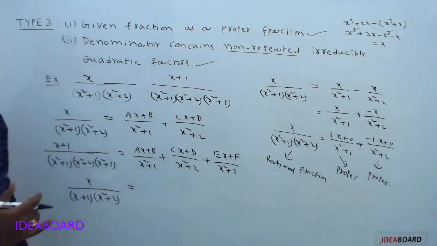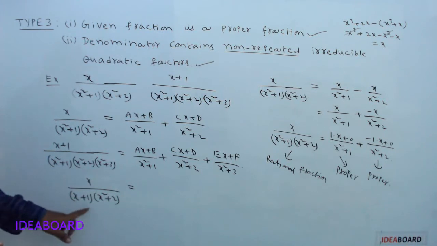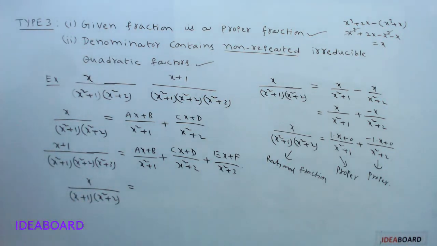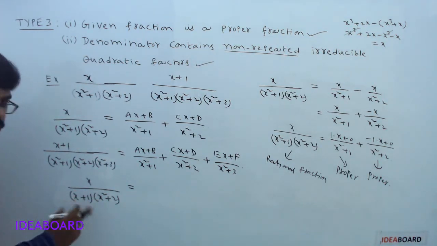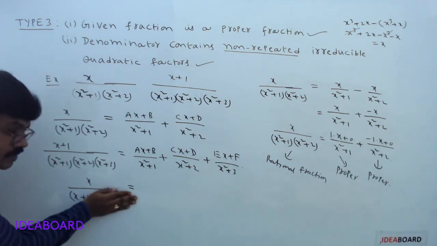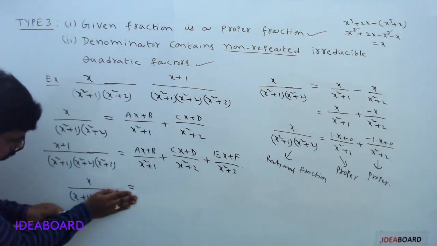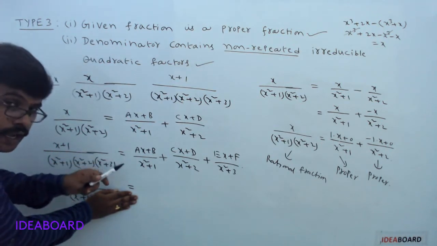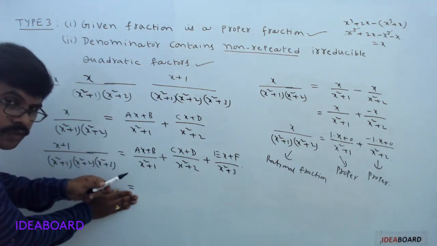Now, in this case, how to resolve this fraction into partial fractions? In this denominator, you close any one of these terms. First here, I am closing this x square plus 2 factor. Then this is a non-repeated linear factor. Corresponding to every non-repeated linear factor, there exists a constant term only in its numerator.